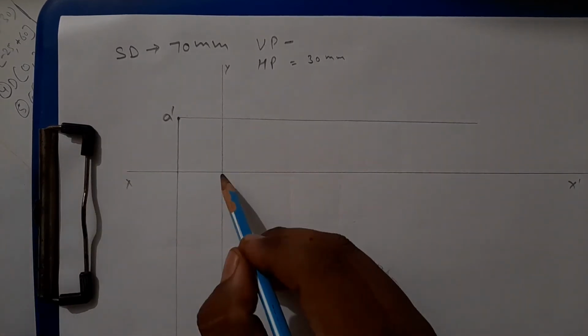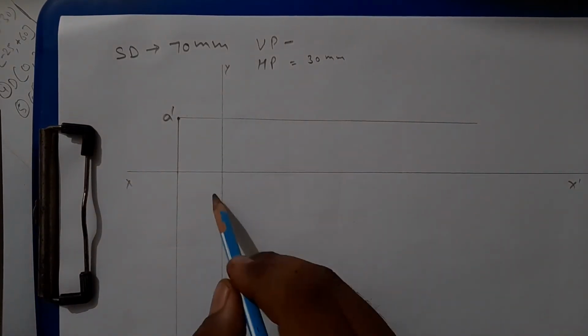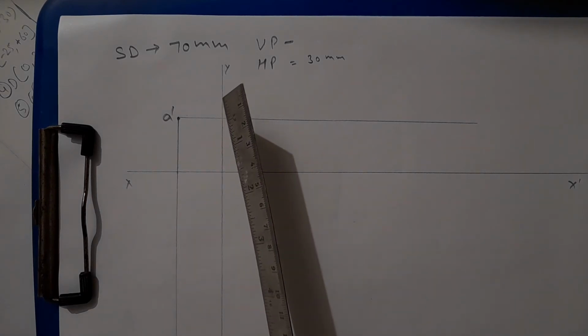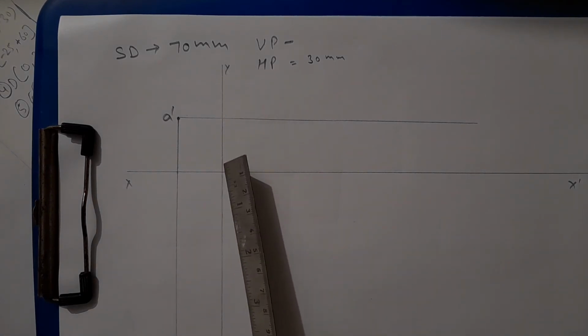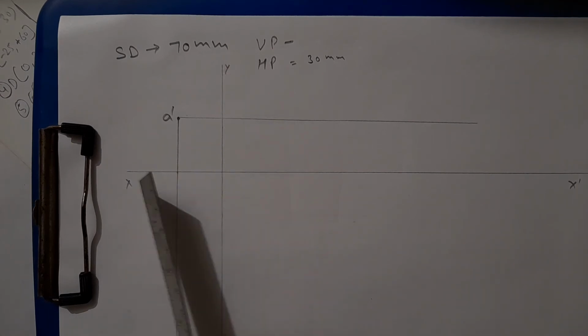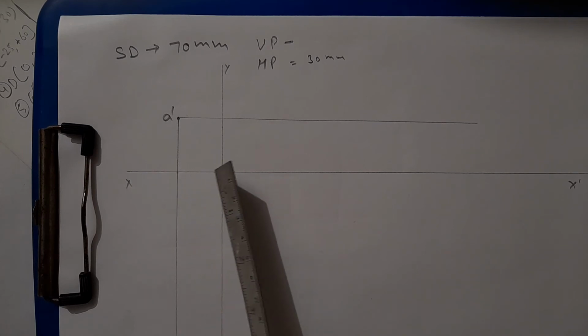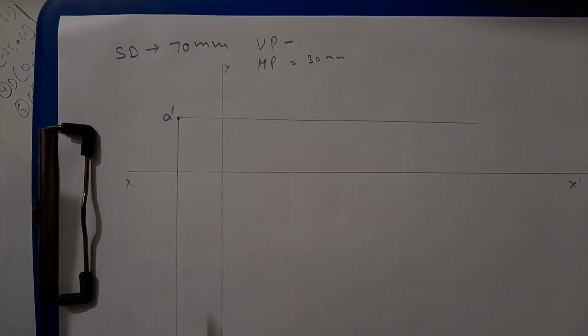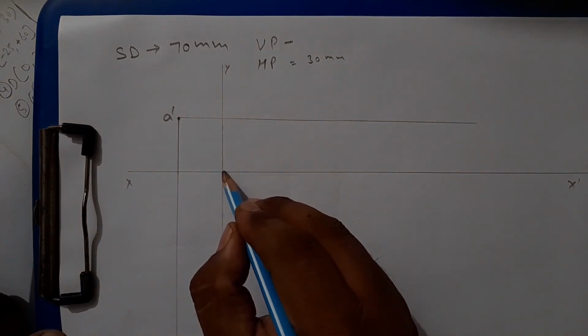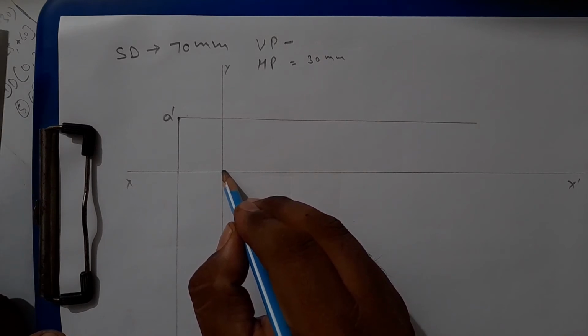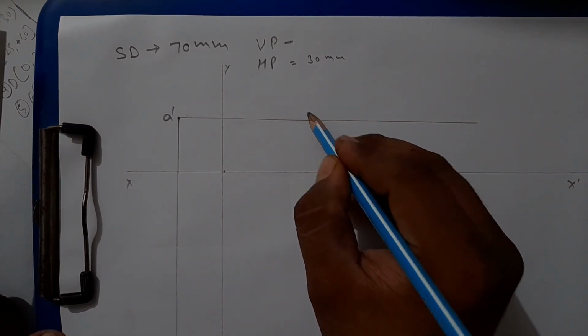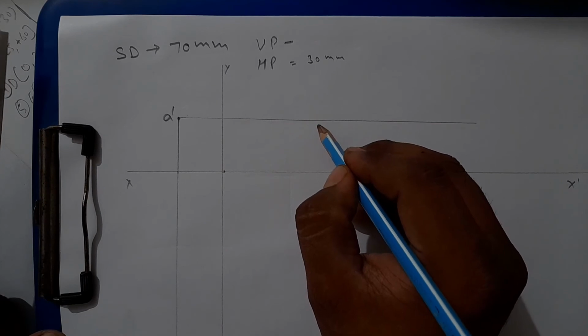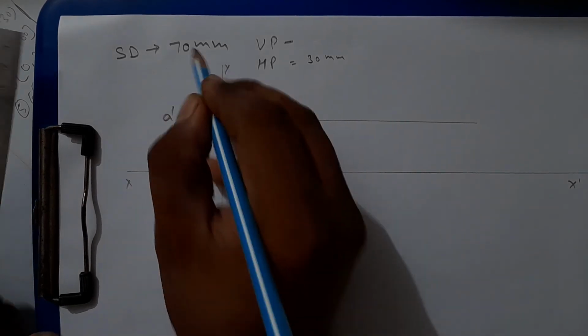From this point, this is the origin. This is the intersection of the vertical plane and the horizontal plane. This is the intersection of the vertical plane and the profile plane, and this is the intersection of the vertical plane and the horizontal plane. From this point we need to make an arc to cut over here, equal to the shortest distance given as 70 mm.